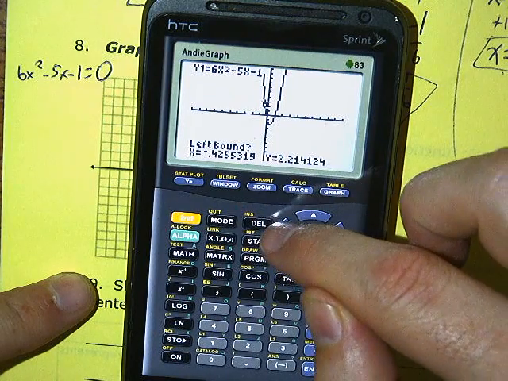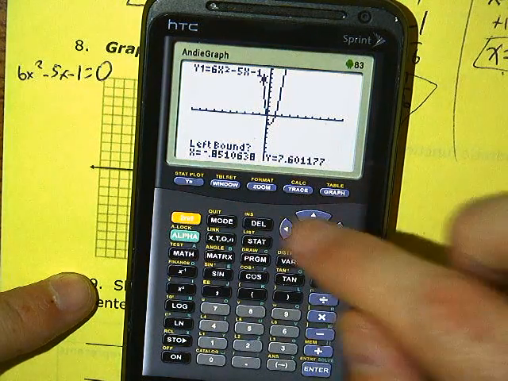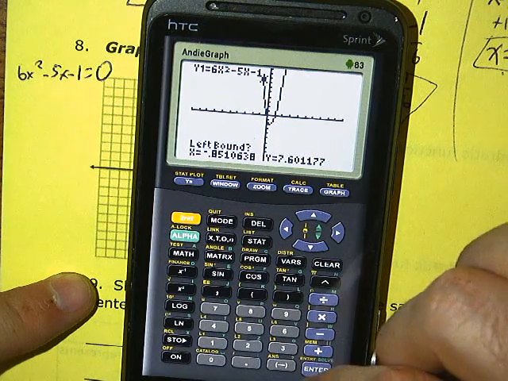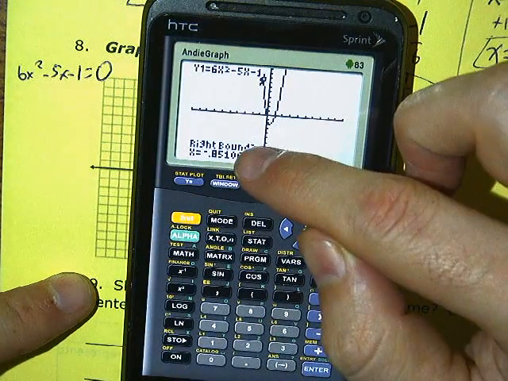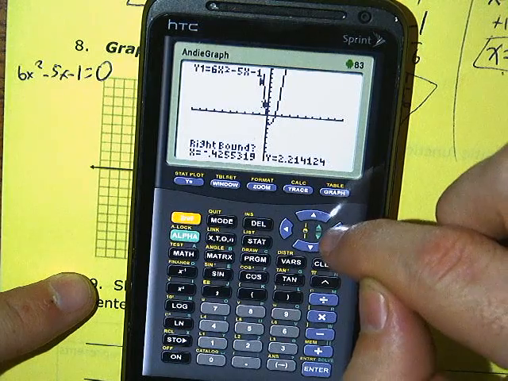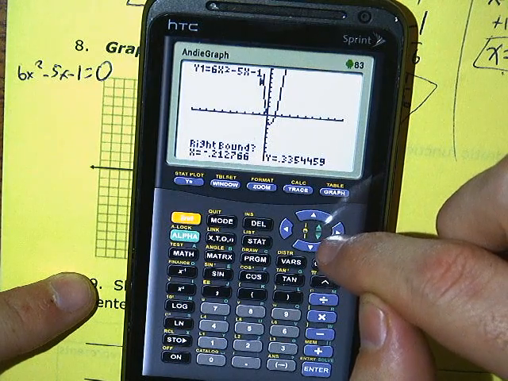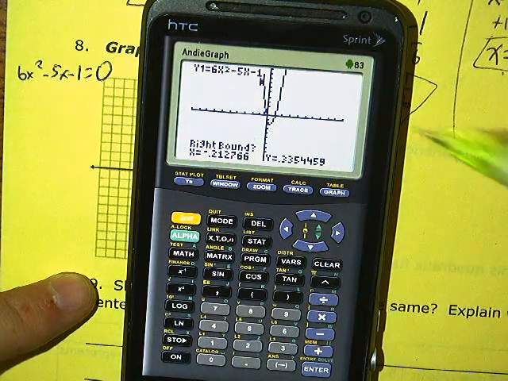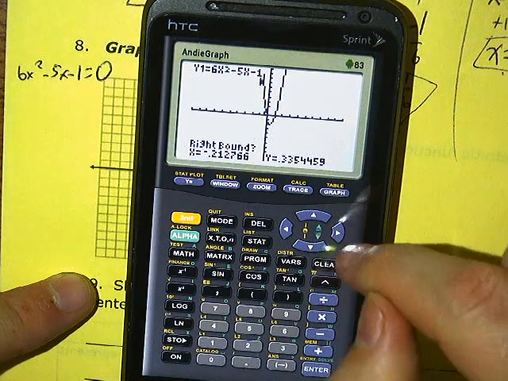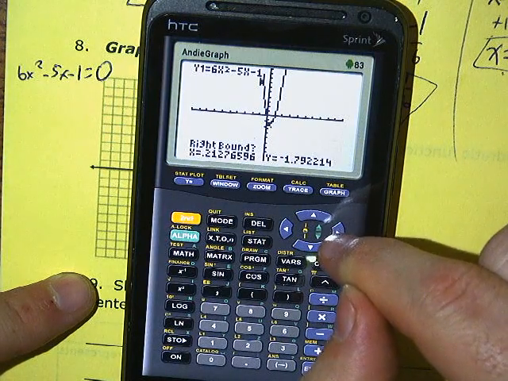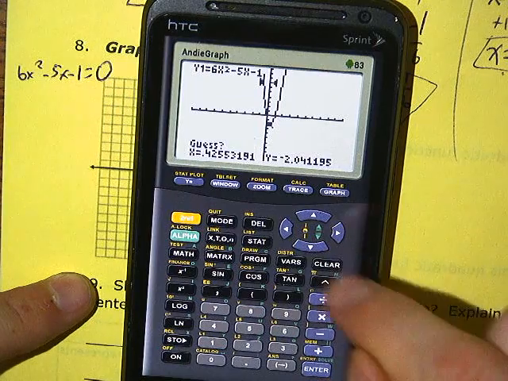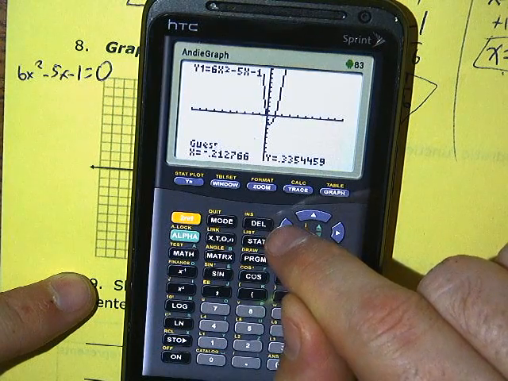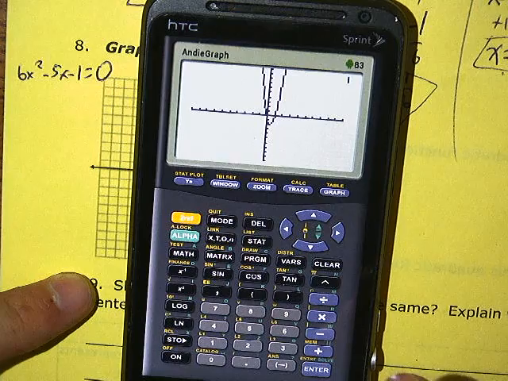So press left until you're on the left side of the 0. Press enter to submit it. Now we want the right bound. So press right until you cross it. You can see the cursor flashing. I still haven't quite crossed it yet. I have to keep on pressing right a few times. Press enter again. And then the guess, put it just about on there.